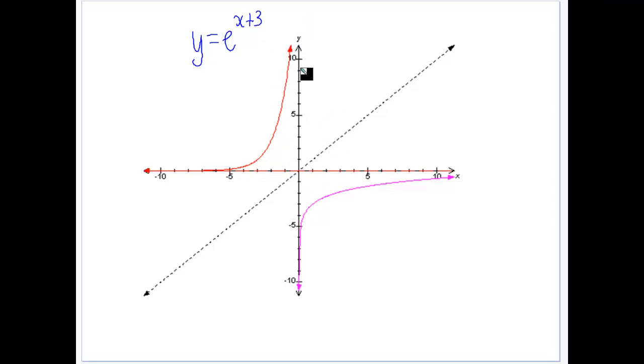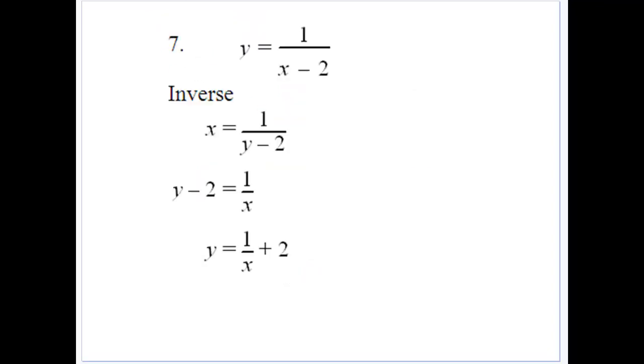It's going to eventually cut the axis when x is equal to 0, at e to the power of 3, which is a little bit more than 10, so it's going to be up here. So again, it will cut the axis there. I just haven't done my scale large enough. But now the y-axis becomes the asymptote for the log function. So the asymptotes will swap around as well.